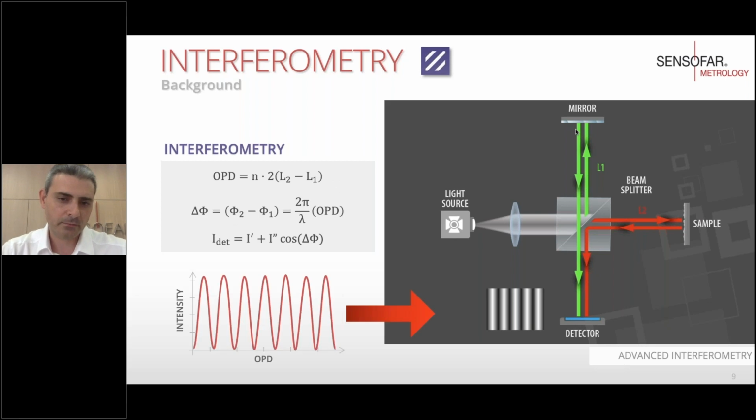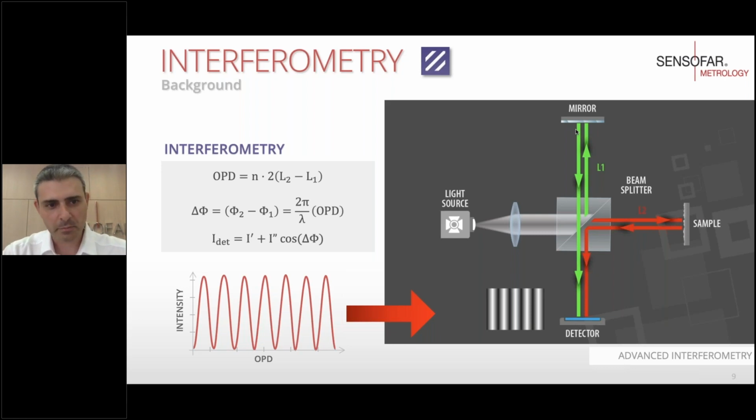So what happens from the mathematical point of view is that, don't be scared about the equations on that slide. They are extremely simple. So there is something that we call the OPD. The OPD means the optical path distance, and equals the difference in length between the beam splitter and the reference mirror, and the beam splitter and the measuring sample.